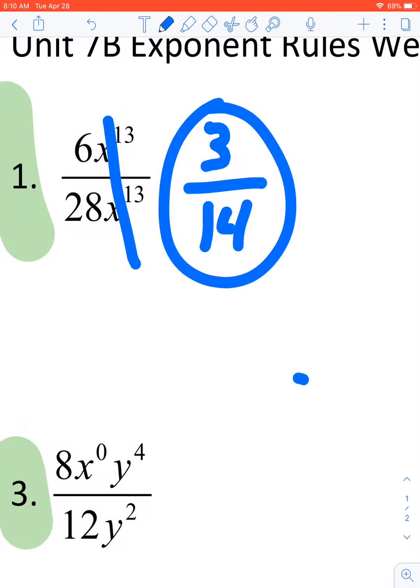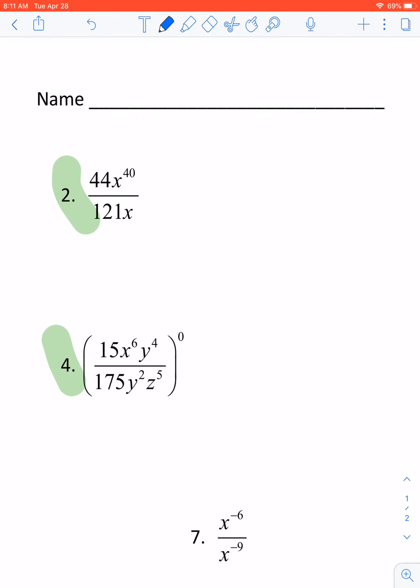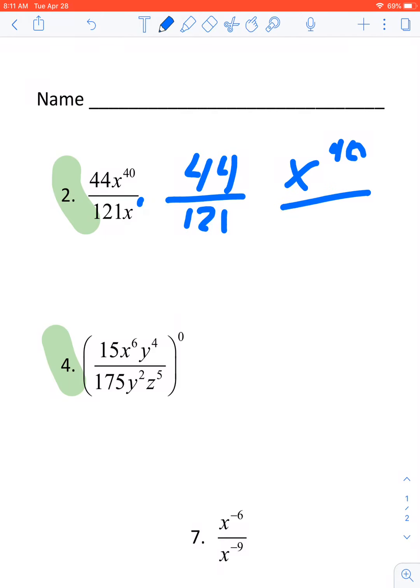Let's go on and do number 2, which is similar to number 1. Now I have 44 and 121. Remember, there's an imaginary 1 on that x. So I'm going to do my 44 over 121, and I'm going to do my x to the 40 and my x to the 1, and then I'm going to bring them together for my final answer. What number goes into 44 and goes into 121? Well, that would be 11.